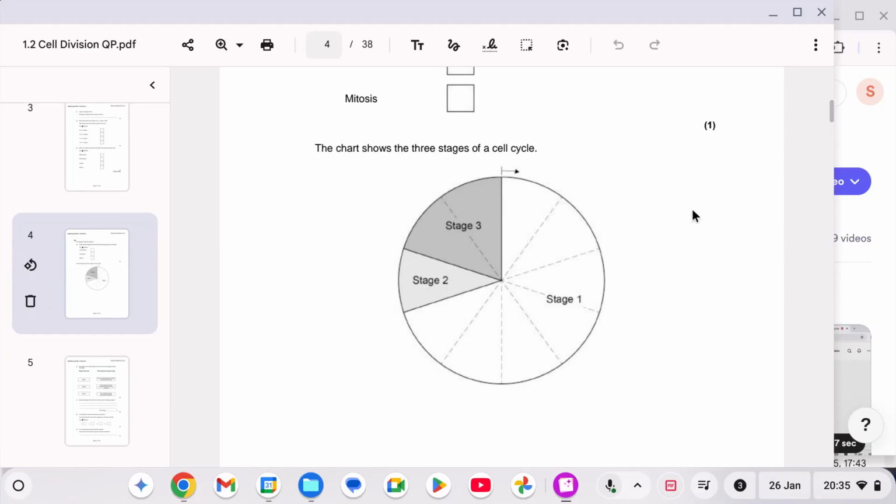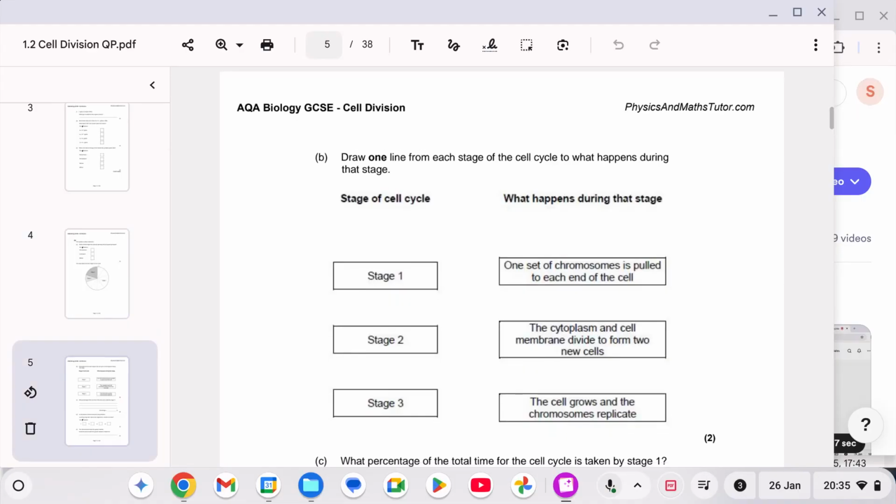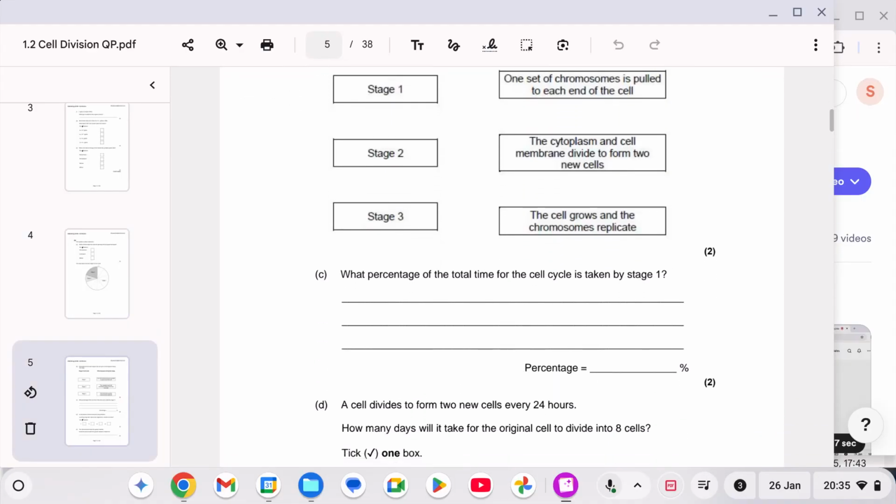Now 7 out of 10 is the same as 70%. If you didn't know that, you can put 7 divided by 10 and then times it by 100. And you should get the same answer in your calculator. So 70%. Right, let's go back to our question and see what the next bit is.